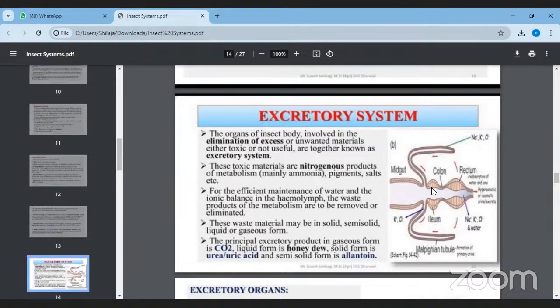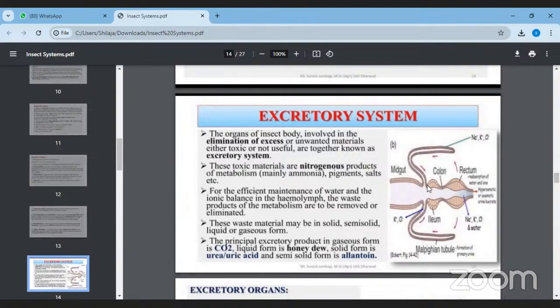That is the most important thing you have to understand. The excretory Malpighian tubules are not present separately. The Malpighian tubules are attached to the digestive system between the midgut and the hindgut region.